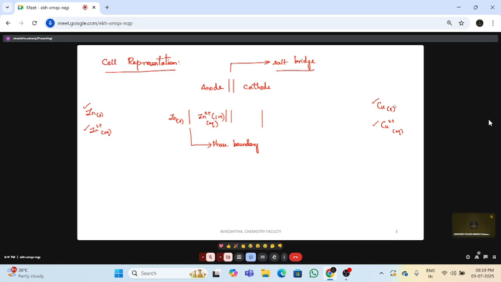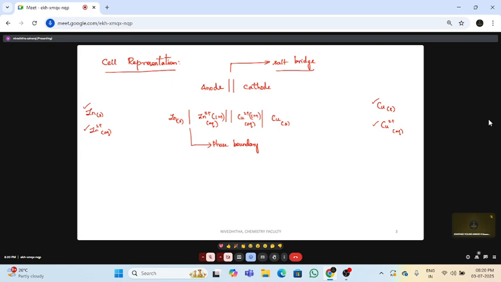Copper, right? So the most reduced species will be at the rightmost corner. So here copper is the most reduced species, and copper 2+ will be here. Okay, and what is the concentration of the copper 2+ ion? Again, 1 molarity, right? That's it.